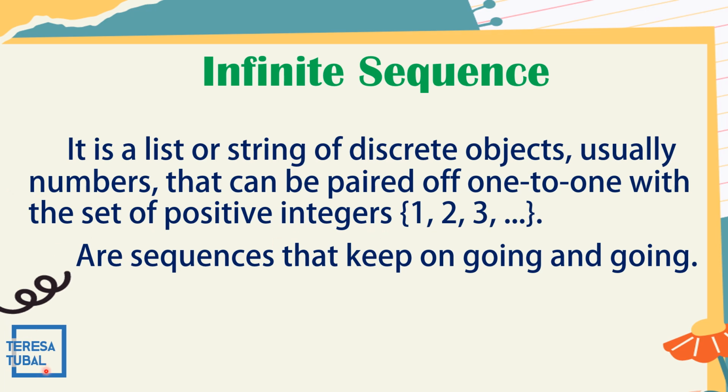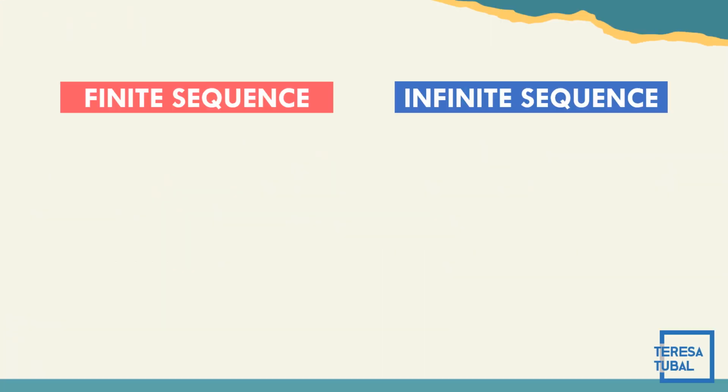So let us see in the next examples the finite and infinite sequence. An example of a finite sequence is negative 9, negative 2, 5, 12, and 19.